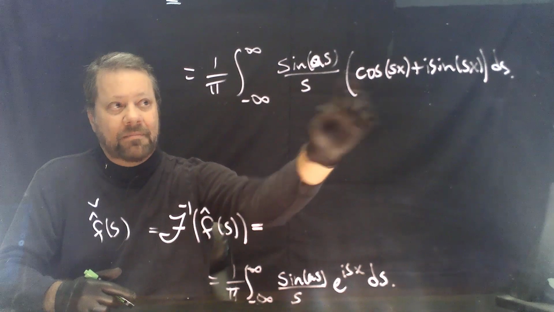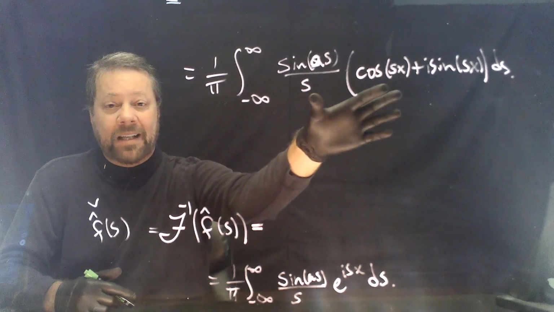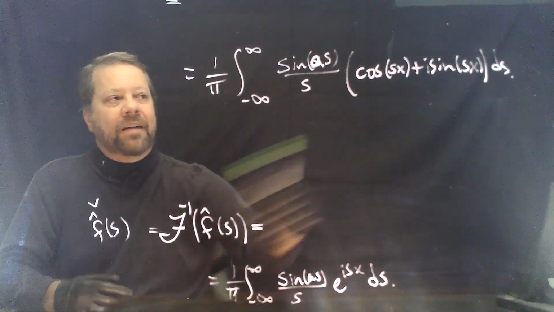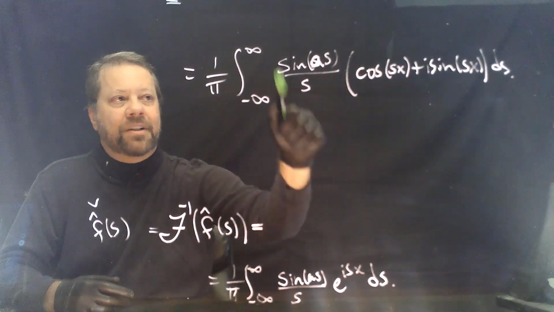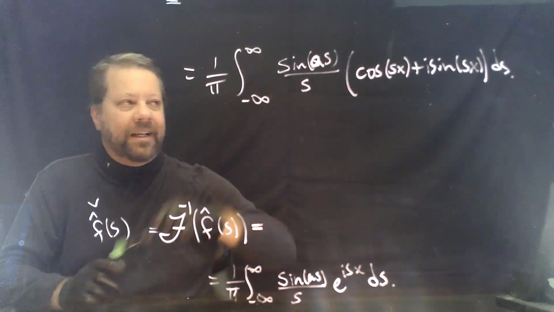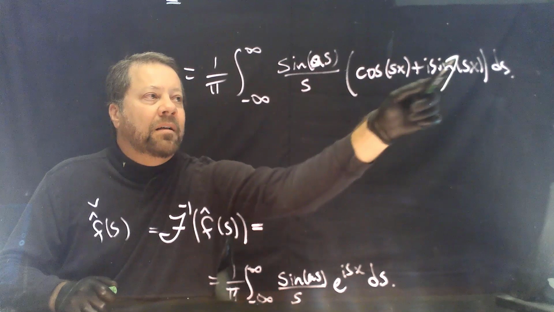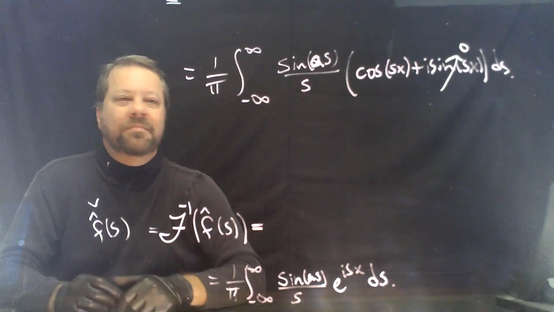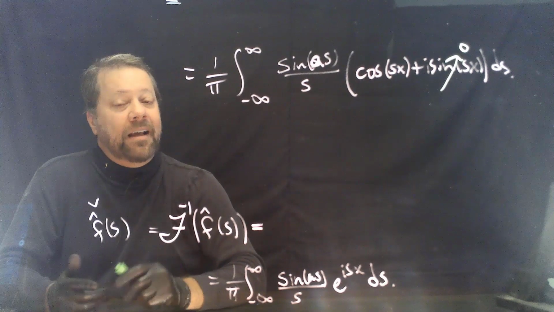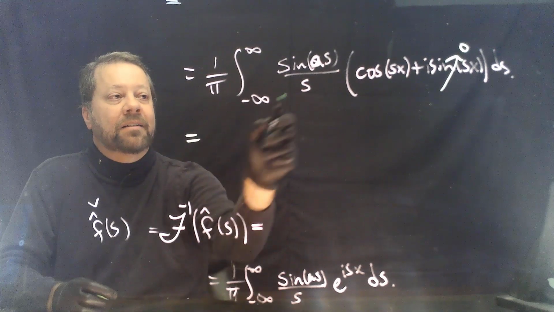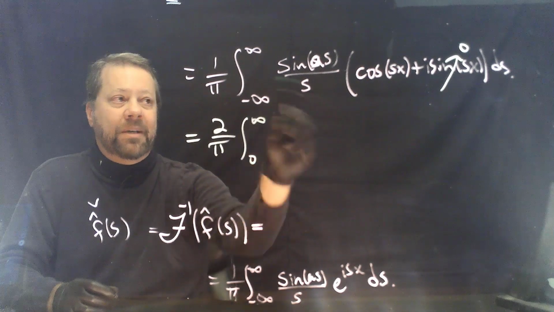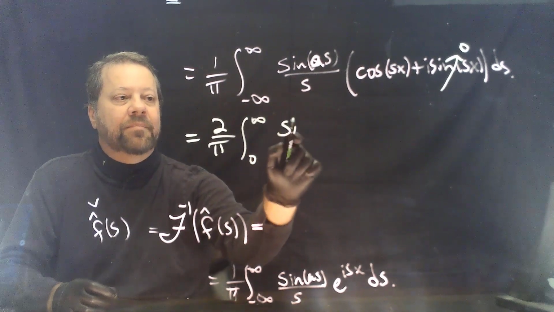Cosine is even, so these two multiplied together will be even, but sine is odd. Which means if we integrate this last term, an odd function times an even function, which is odd, from negative a to a, you'll have 0. So we really only need to integrate this function here, but that function we really only need to integrate from 0 to infinity because what's left over is even.